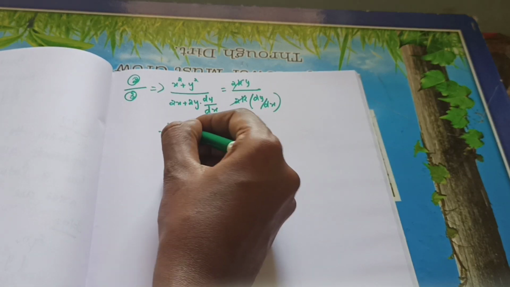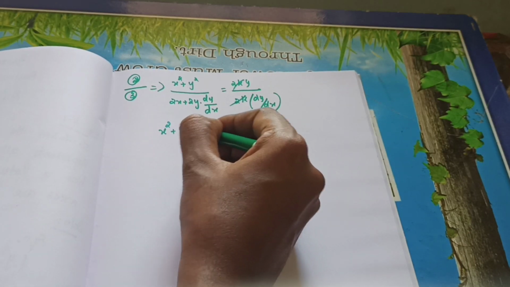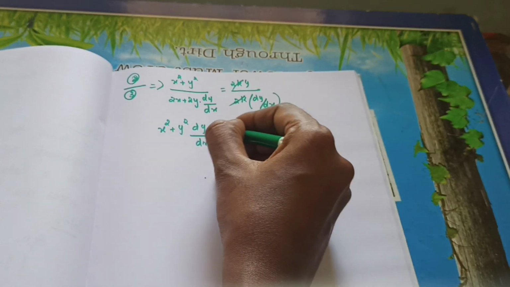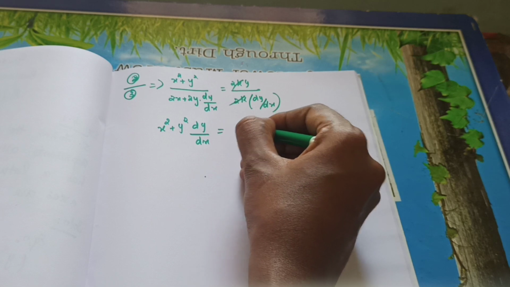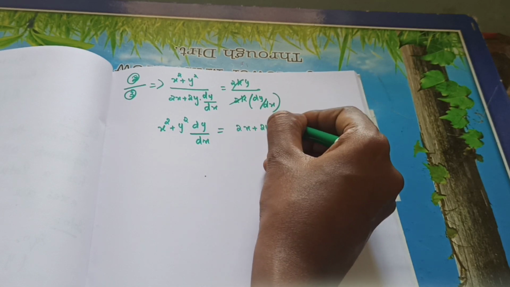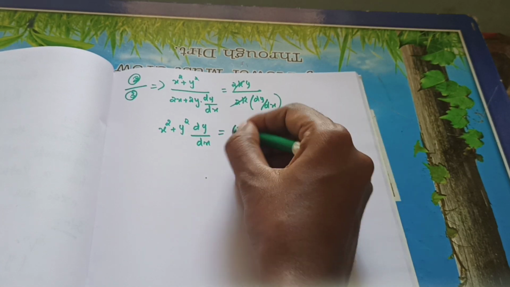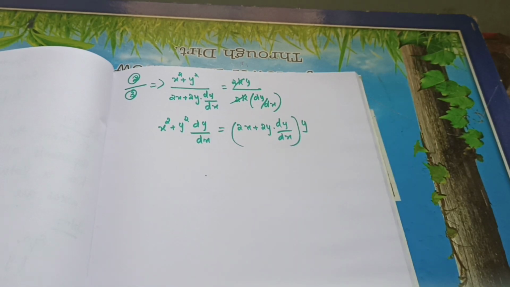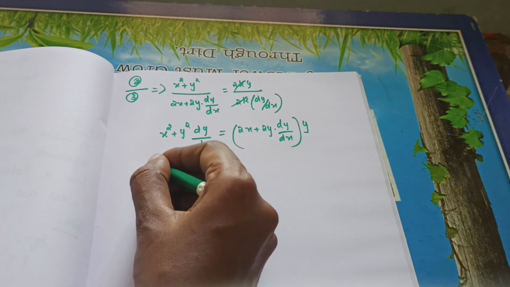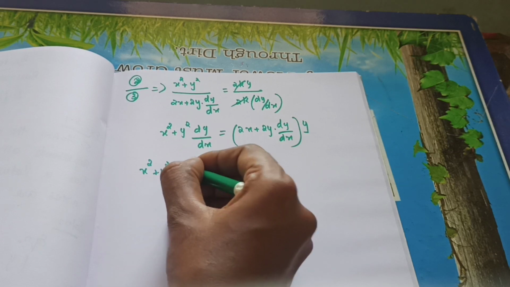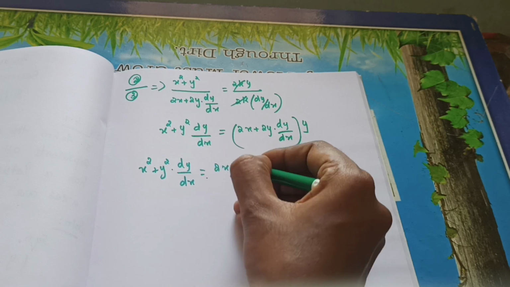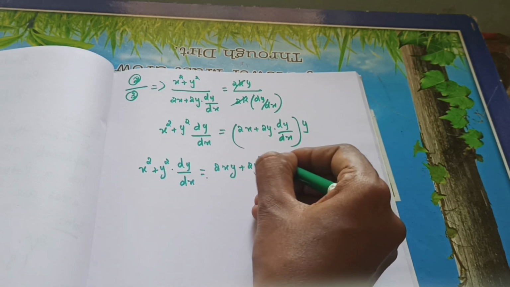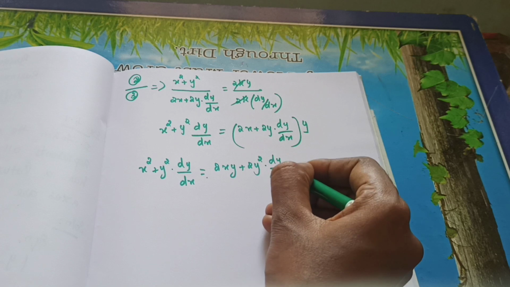(x square plus y square) into dy by dx, cross multiplied, equal to, bring this to here, (2x plus 2y) into dy by dx into y. So simplify, that is (x square plus y square) into dy by dx is equal to 2xy plus 2y square into dy by dx.